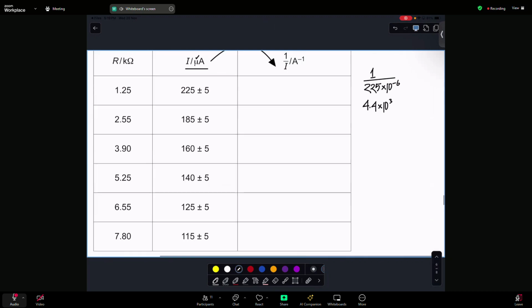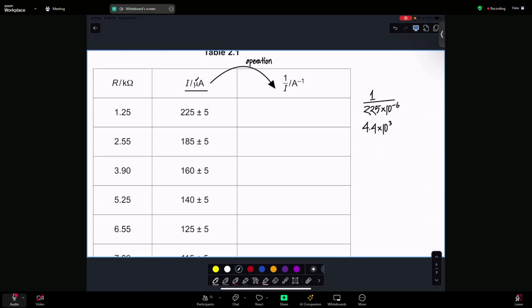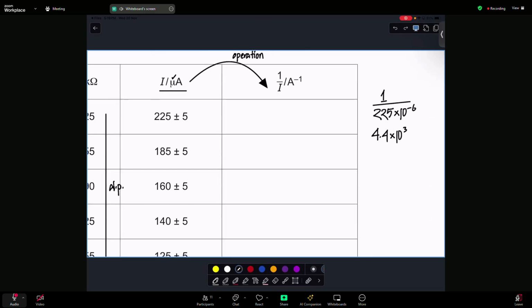The thing is, what should the value become? Should it maintain the decimal place or should it maintain significant figure? Yes, significant, because always remember down the column, what do you maintain? Decimal place, okay? Because these are the same set of data. And sideways, what do you maintain? Significant figures, okay? So there's going to be 3 significant figures, which is going to be how much? 4.44 into 10 to the power 3.